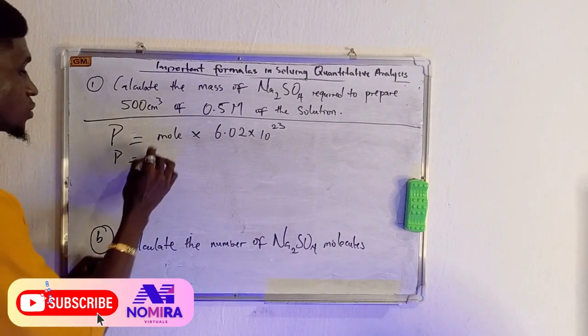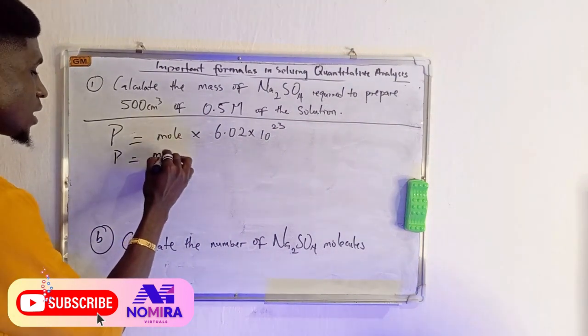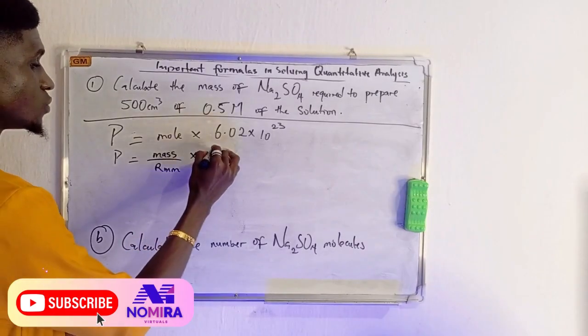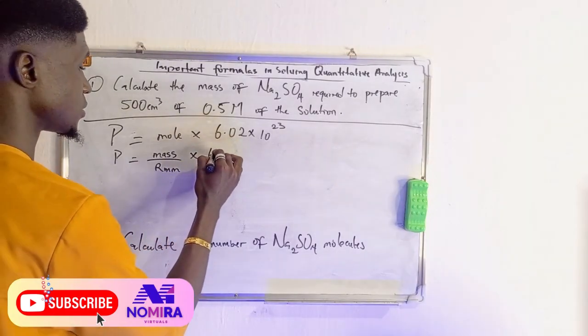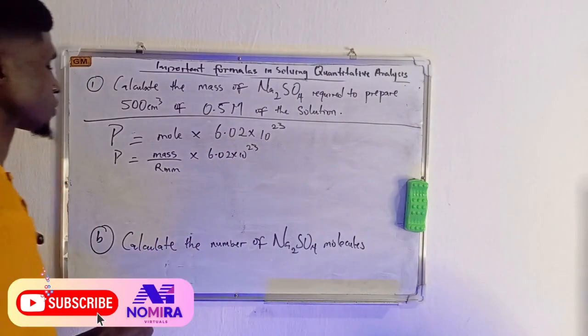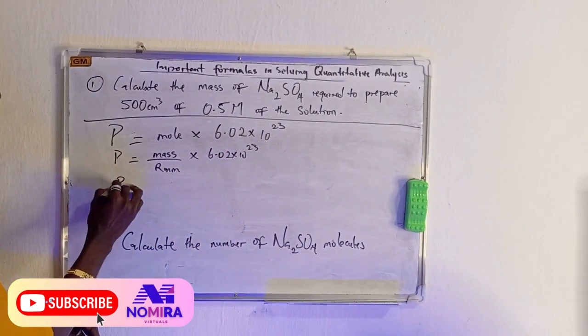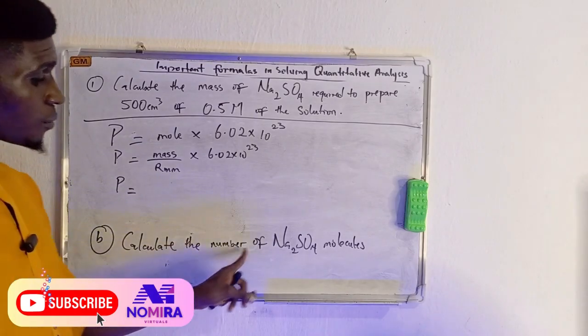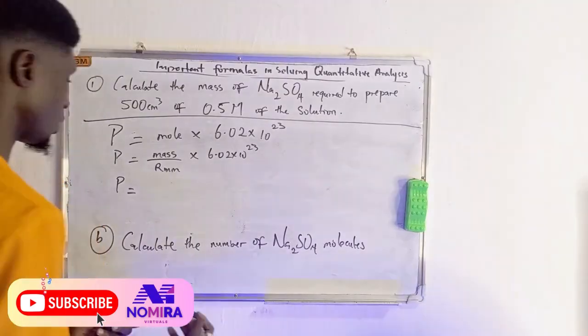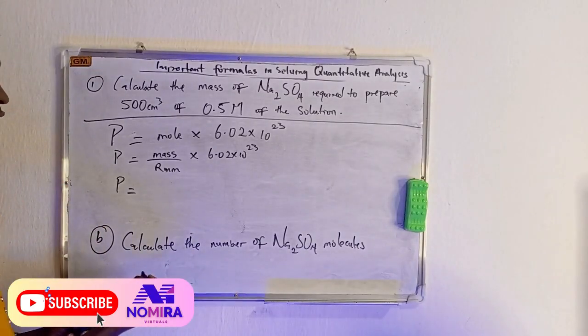So P is equal to number of mole, which is the same thing as mass over molar mass, then you put your times 6.02 times 10 raised to the power 23. So P is what we are looking for because they said the number of molecules. Remember that number of molecules is also classified as particle, right?